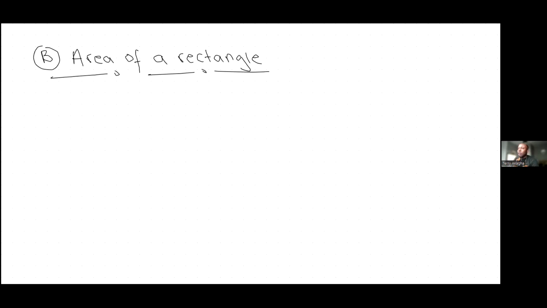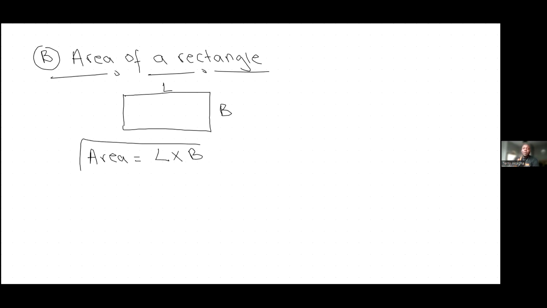So therefore, if you have a rectangle this way, now this is the length and this is the breadth. So the area of this is equal to the length times the breadth. And that's how you find it. Because I'm aware some people take notes, I'm going to write this.